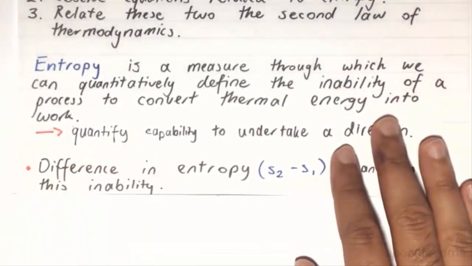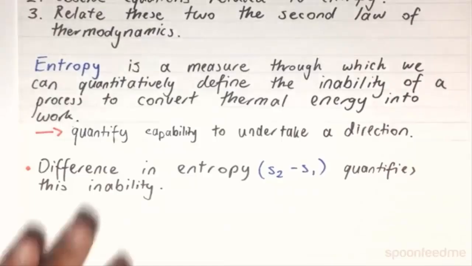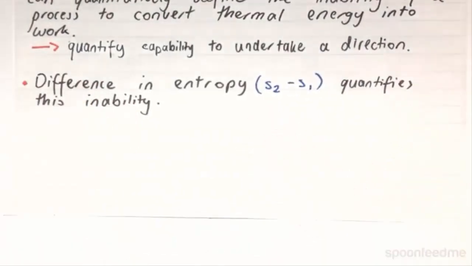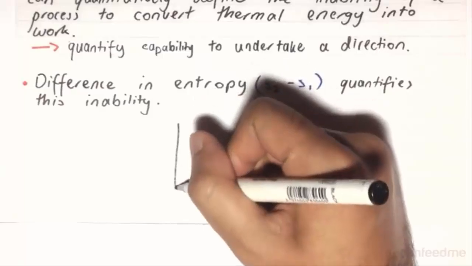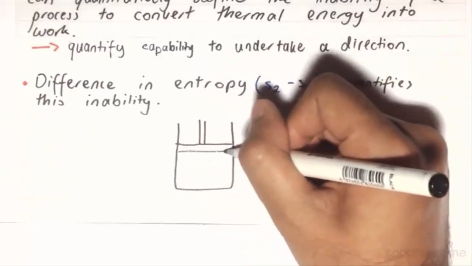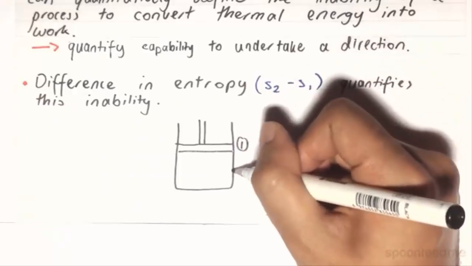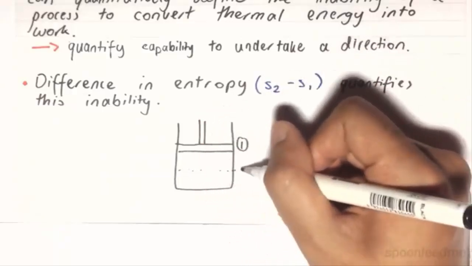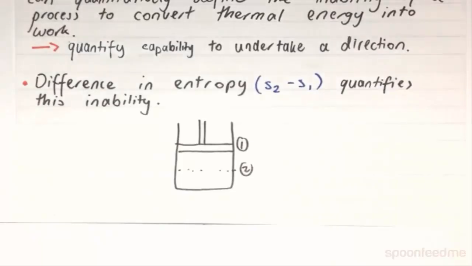So let us say process 1-2 is a compression of a piston cylinder arrangement, and at state 1 it's over here, and at state 2 it is over here.